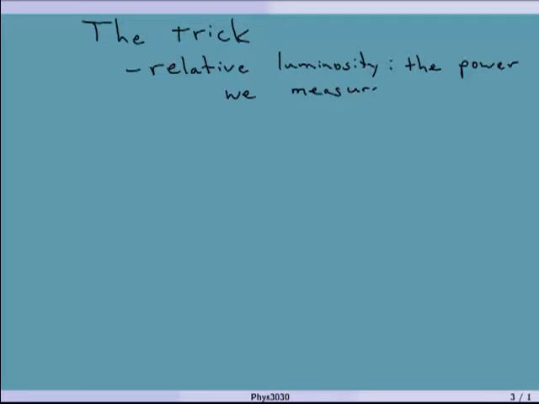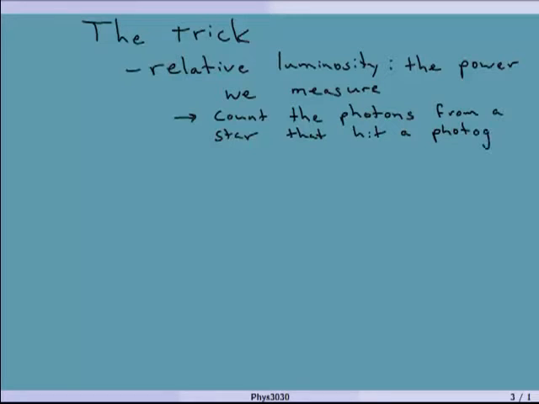Right? And so what we can do is count the photons from a star. Remember this now, this is going back to the particle-like light. Count the photons from a star that hit a photographic plate that we put at the end of our telescope, right?